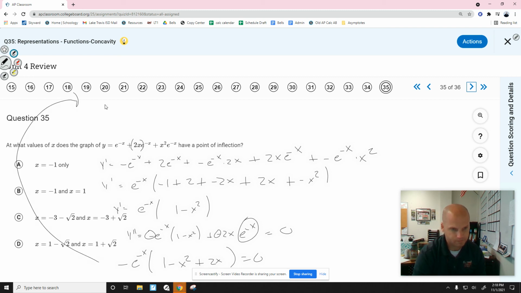Let's come up here. I don't like the negative x squared, so I actually should have factored out the positive.